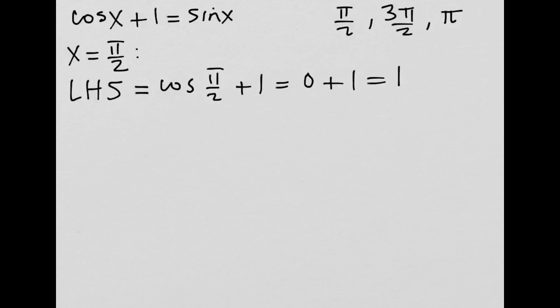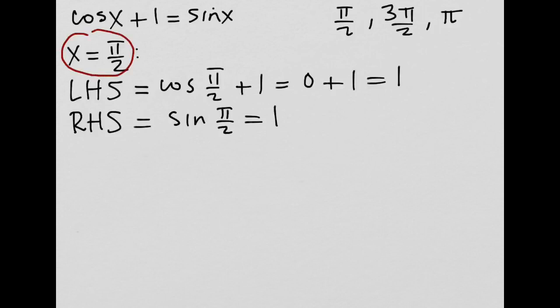And if we plug in pi over 2 on the right-hand side, RHS, right-hand side, equals sine pi over 2, which equals 1. Notice that the left-hand side equals the right-hand side, so x equals pi over 2 is indeed a solution.